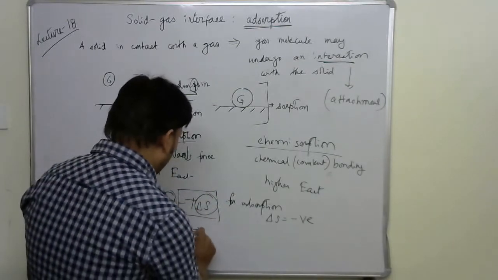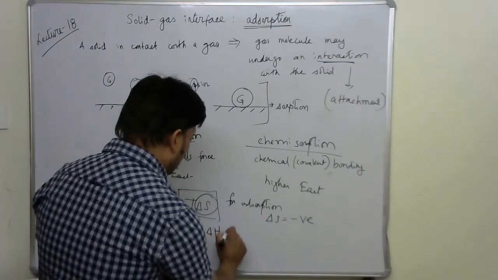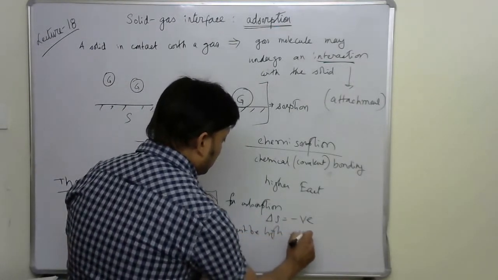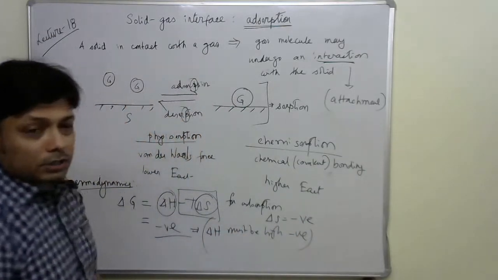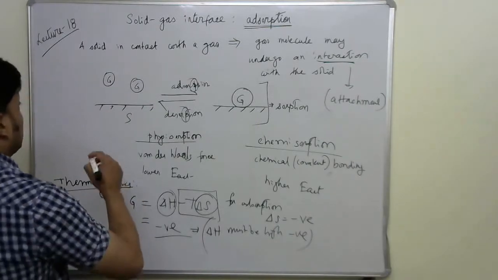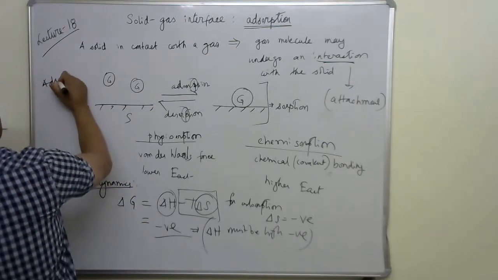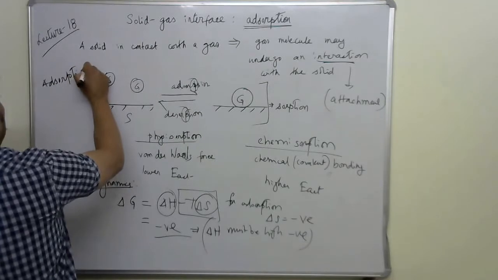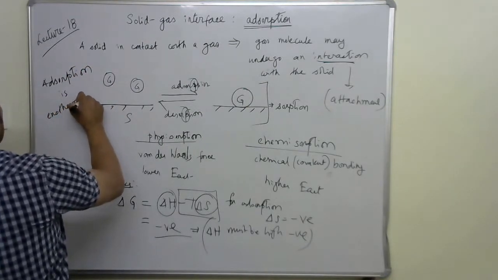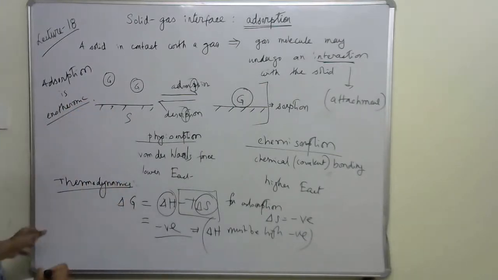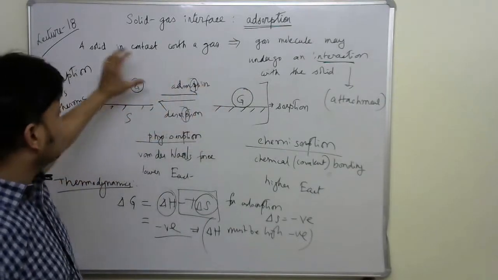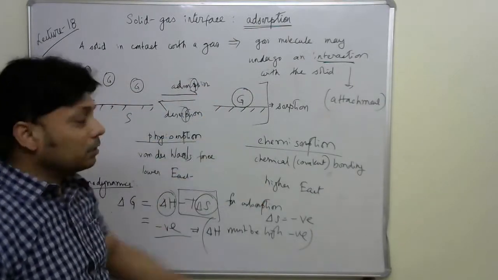So therefore we can write here the delta H must be high negative value for the adsorption process to happen. So that means what? So delta G negative means this adsorption process is exothermic. All right. So exothermic process means it would release some energy once the gas molecules get adsorbed.